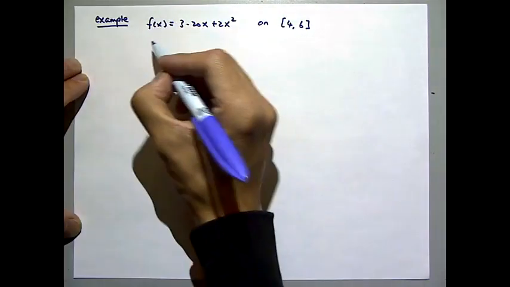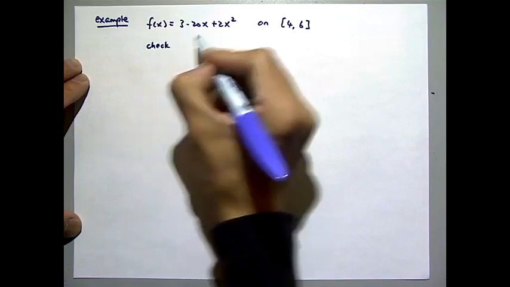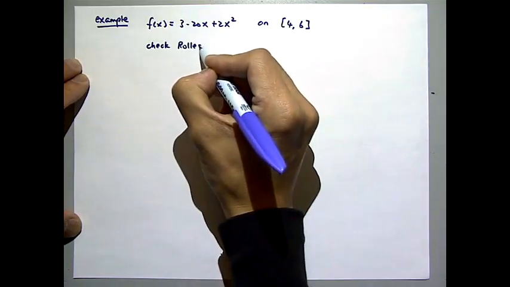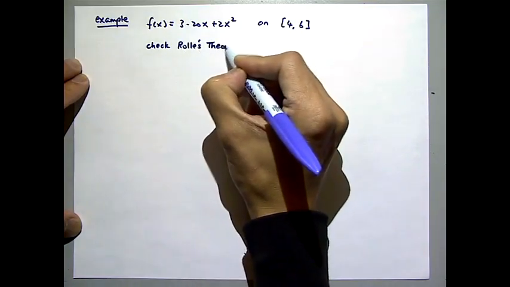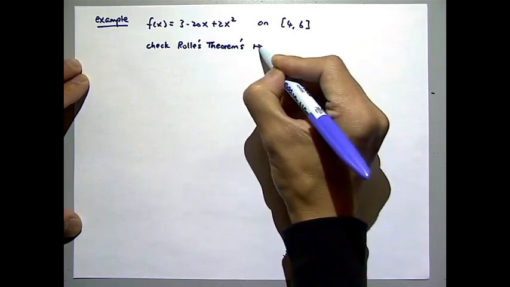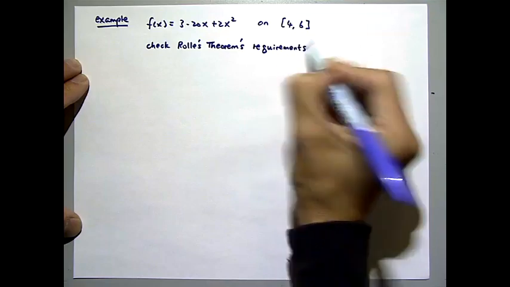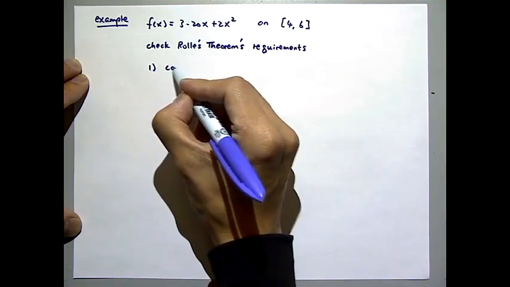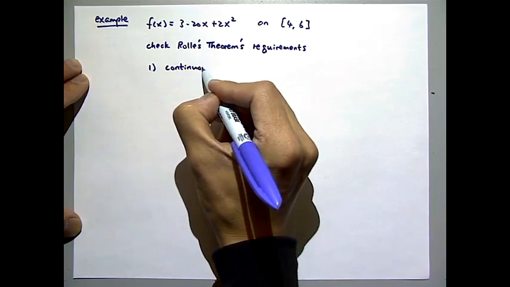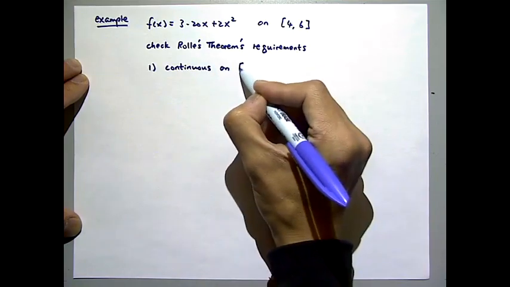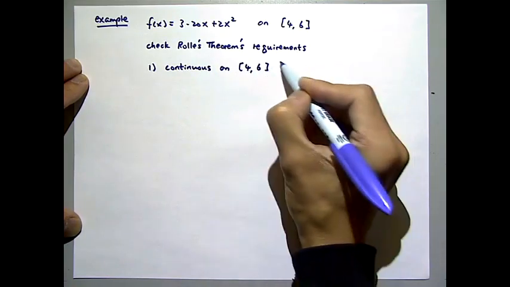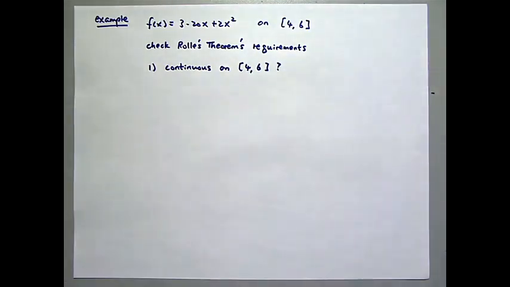So let's check the requirements. First one, is this thing continuous on 4 to 6, including the endpoints?